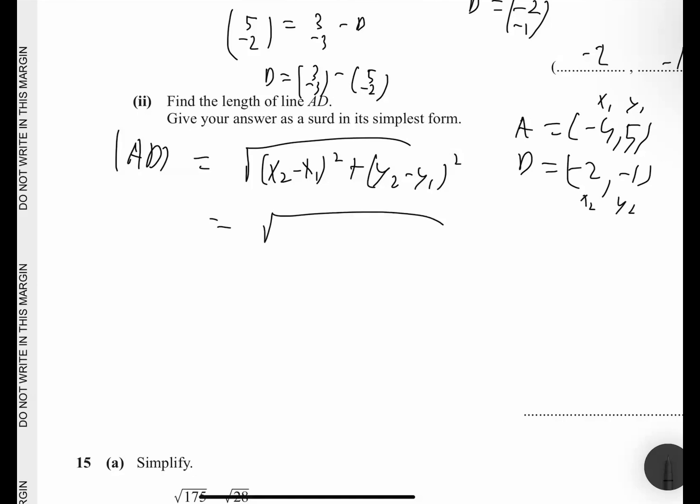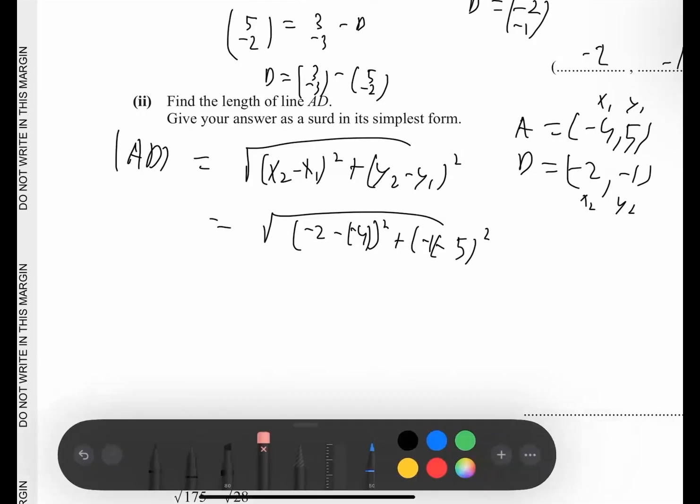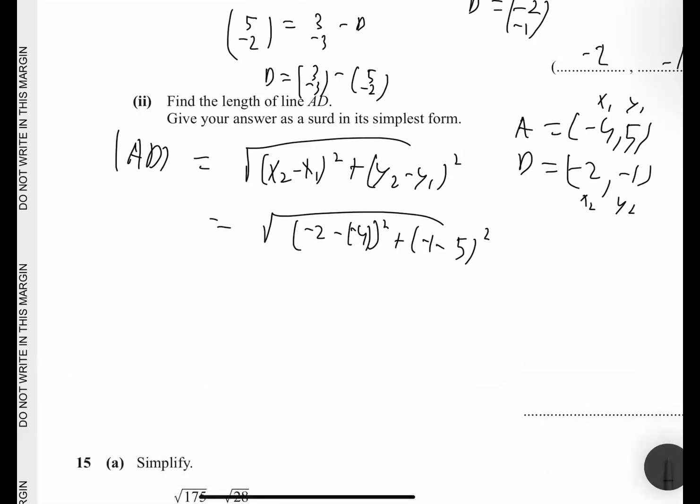So we're going to take this as x1, this is y1, this is x2, this is y2. Plug in x2 which is minus 2, minus x1 which is minus 4, whole squared, plus y2 which is minus 1, minus y1 which is 5, whole squared.